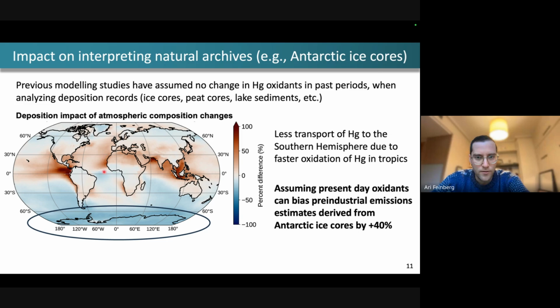However, what we can see here is that in present day, you now have less mercury reaching. So the mercury is less easily transported from the northern hemisphere into, for example, Antarctica, and so this could affect how you interpret ice core measurements from Antarctica, for example, for the pre-industrial period.